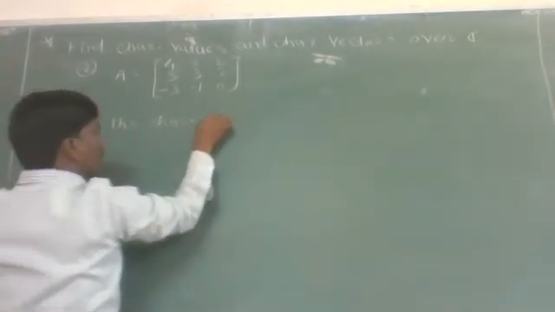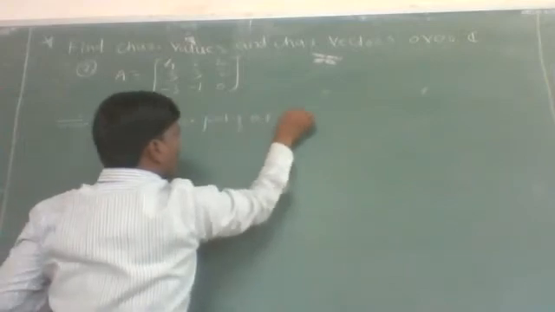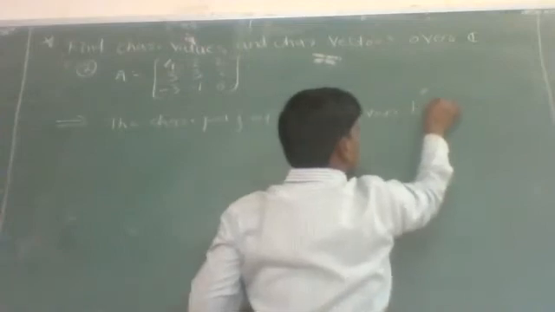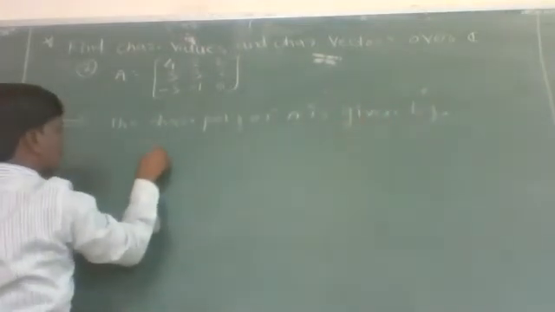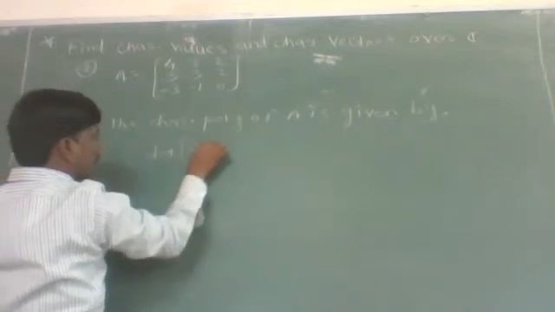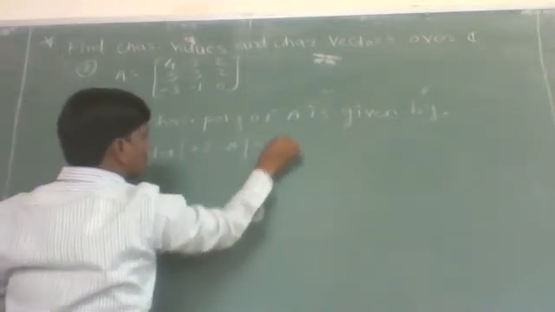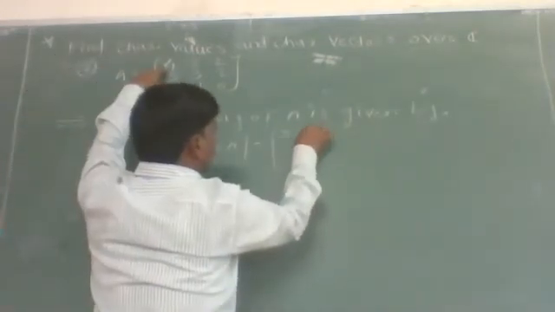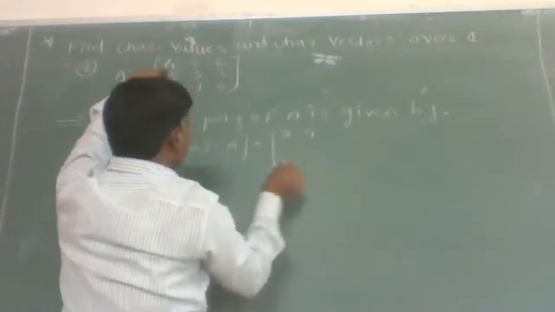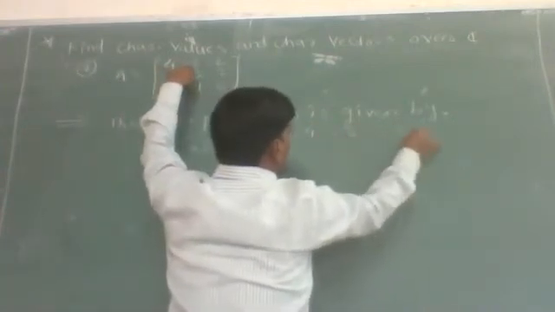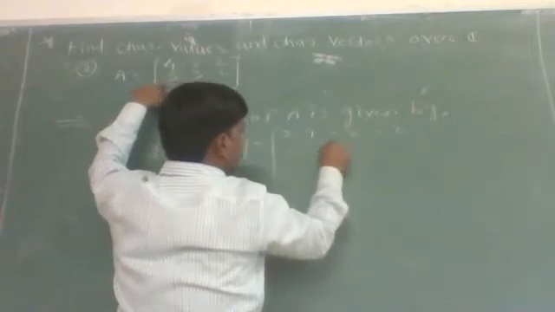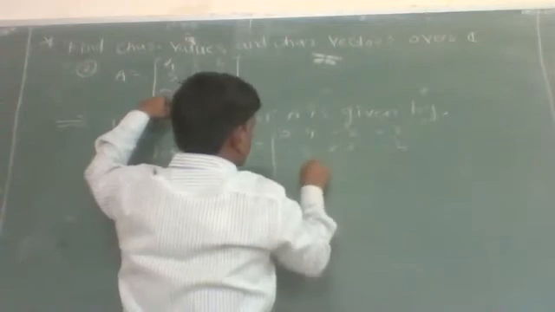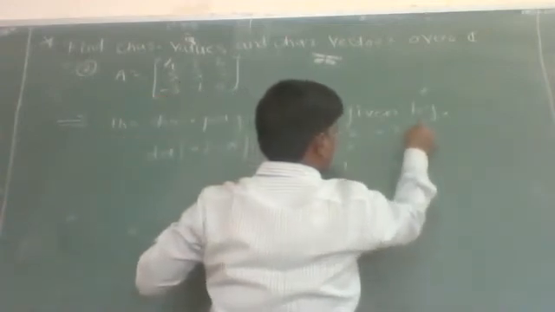Now the characteristic polynomial of A is given by the determinant of xI minus A, which is equal to the determinant of x minus 4, minus 2, minus 2, minus 3, x minus 3, minus 2, 3, 1, x.